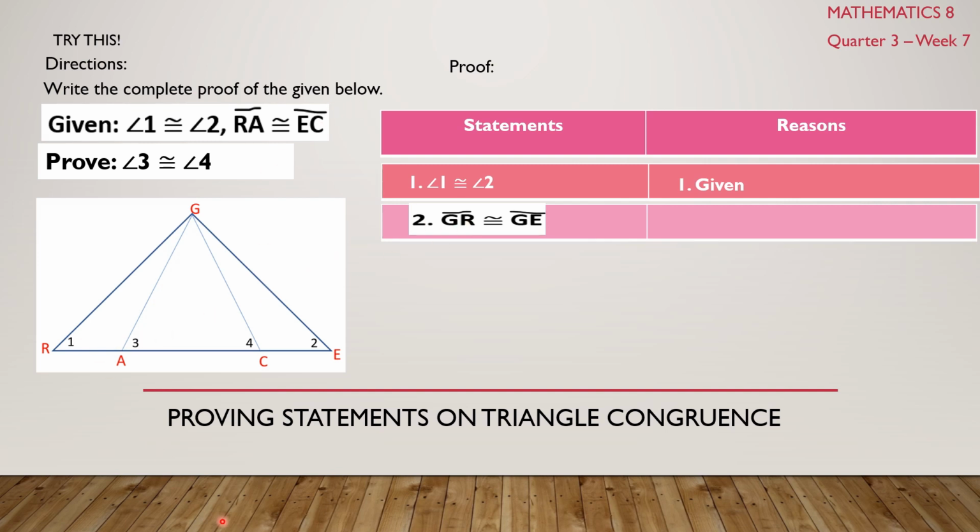Okay. So, kung ang angle 1 ay congruent sa angle 2, therefore, this big triangle ay an isosceles triangle. Kung itong base angles na to ay congruent, therefore, the sides opposite these two congruent angles are also congruent. So, we have side GR is congruent to side GE by converse of isosceles triangle theorem.